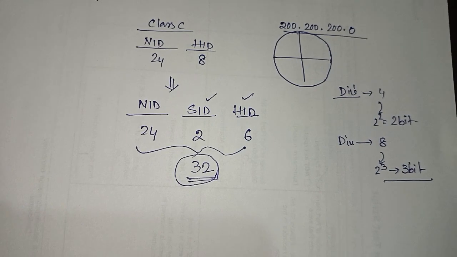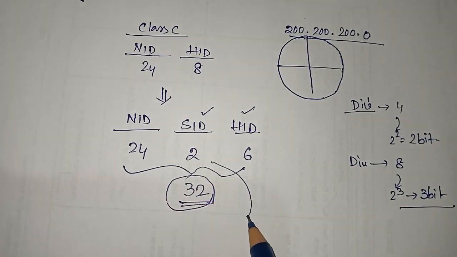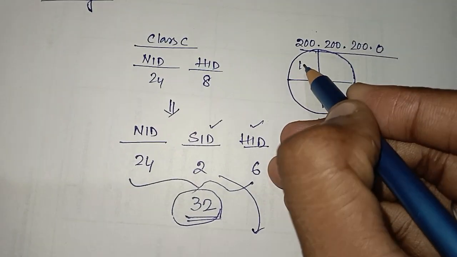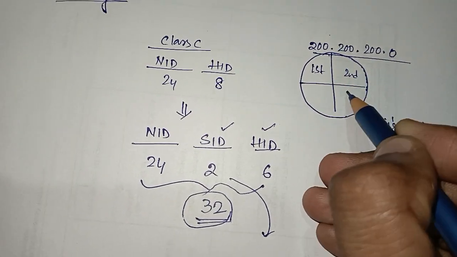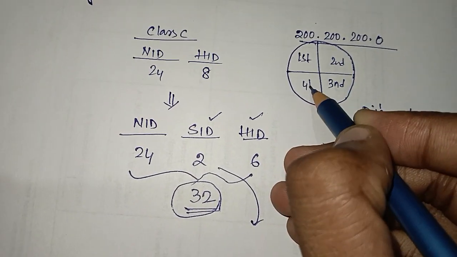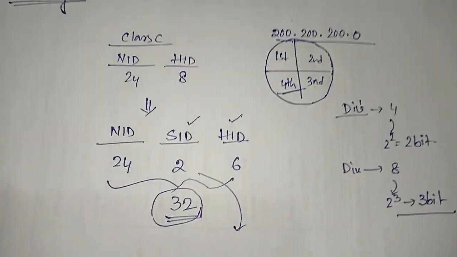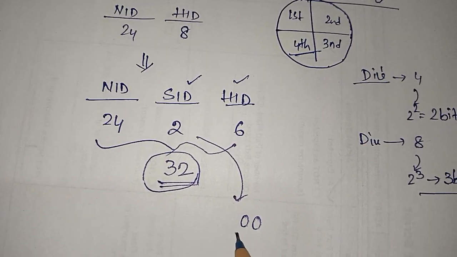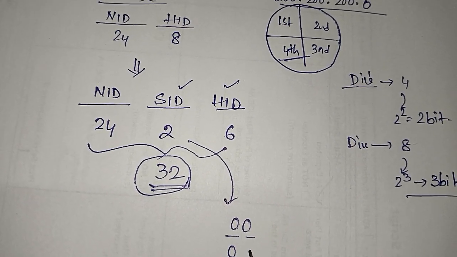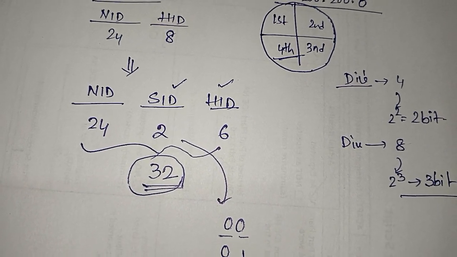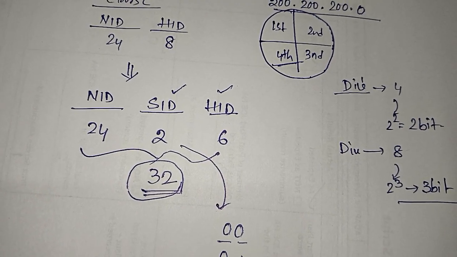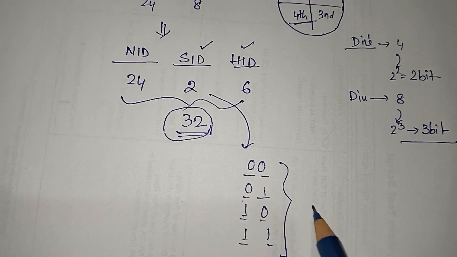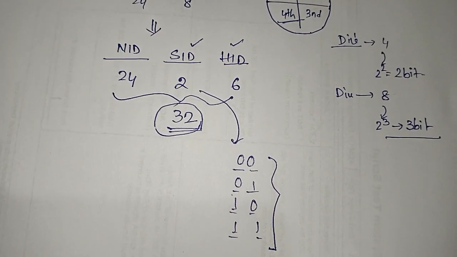From the 2-bit subnet ID, we divide this network into four parts: the first, second, third, and fourth. The 2 bits can be either 00, 01, 10, or 11. So the subnet ID starts from 00, 01, 10, and 11.